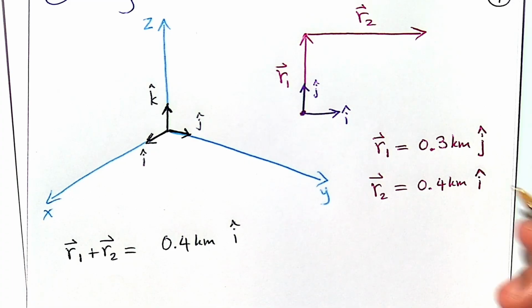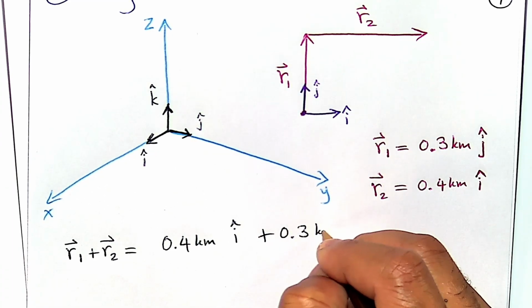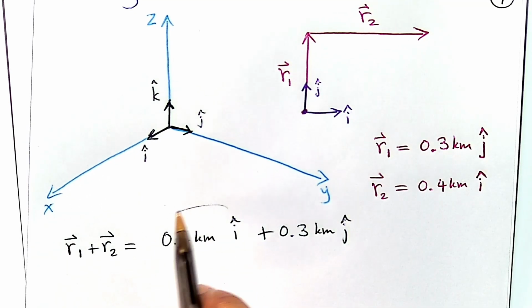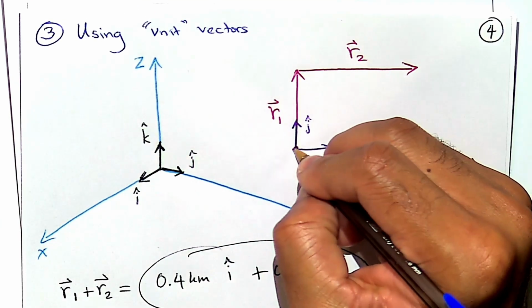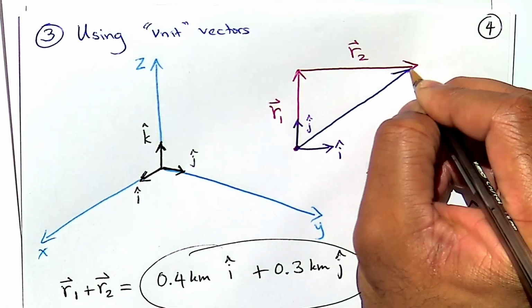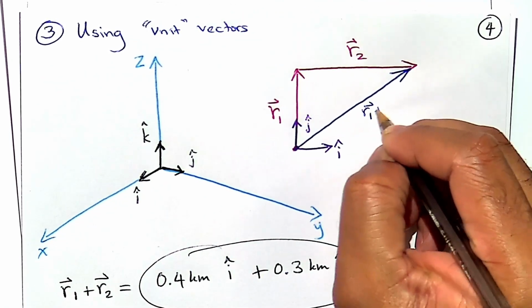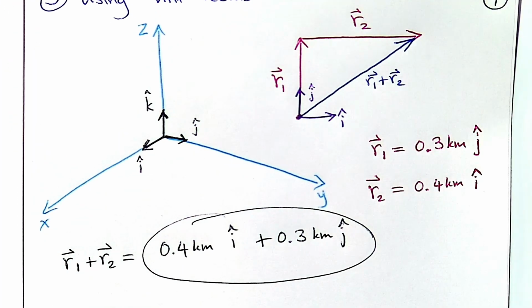J's with the j's, but there's only one j. So then I'm going to say that's 0.3 kilometers in the j hat direction. And that is this result that we're after. If we're saying this is our vector that we're trying to solve for, this plus this is that, R1 plus R2, this is it. You're done because it has both a magnitude and it has a direction.